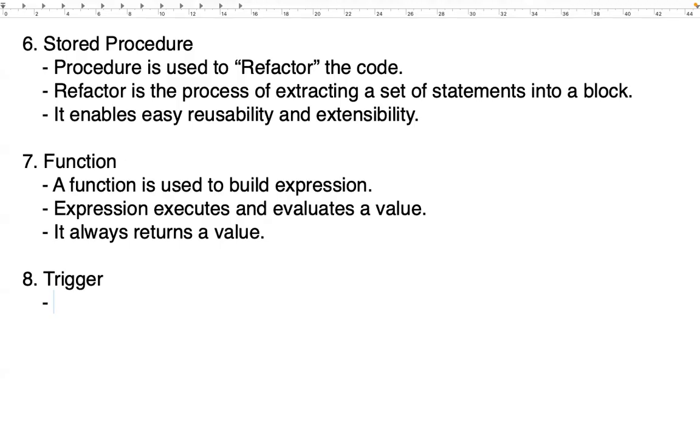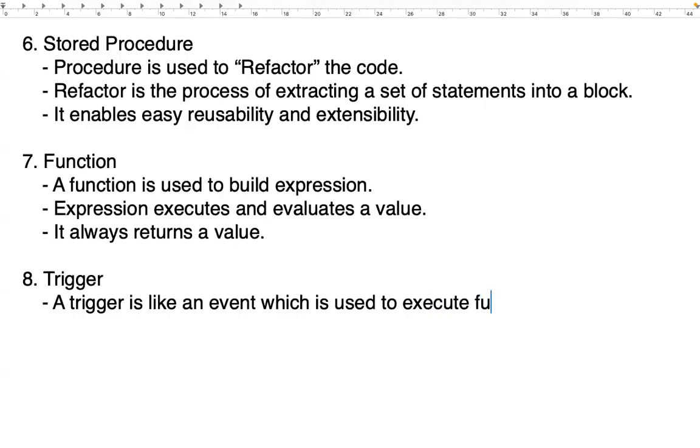A sequence of functions and procedures you want to execute repeatedly, for that you can create triggers. Triggers will work like events. Here we should not use the word events officially. Here we call them triggers, in database trigger. So a trigger is like an event which is used to execute functions and procedures.